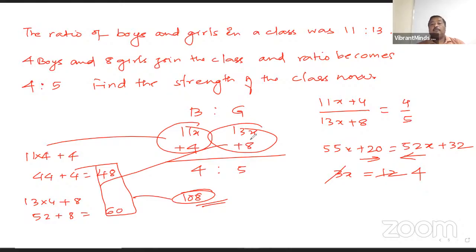This can be done in another way. Just see to it. What we have as ratio is boys 11, girls 13. After 4 boys and 8 girls are added, this becomes 4:5. Now see, these are prime numbers 11, 13, so it is not going to change.